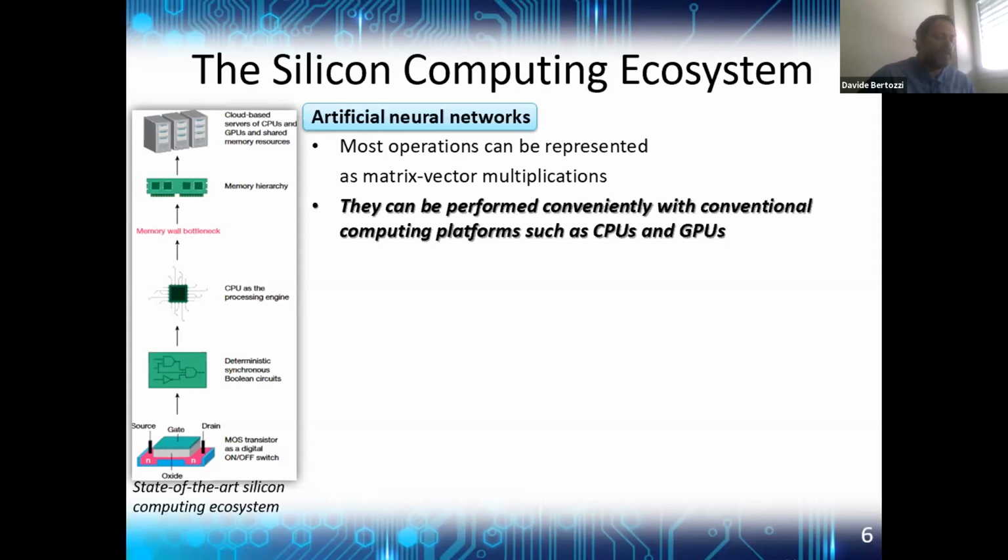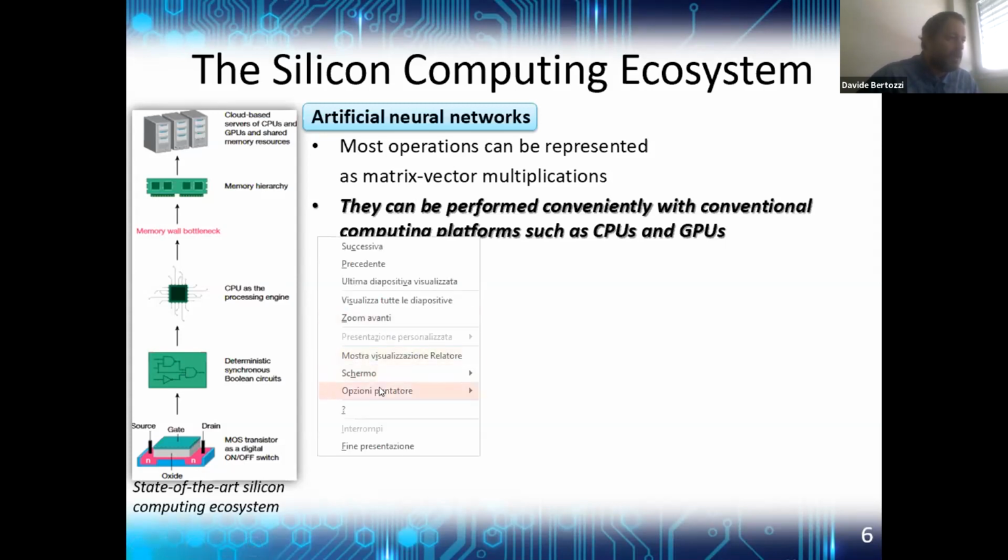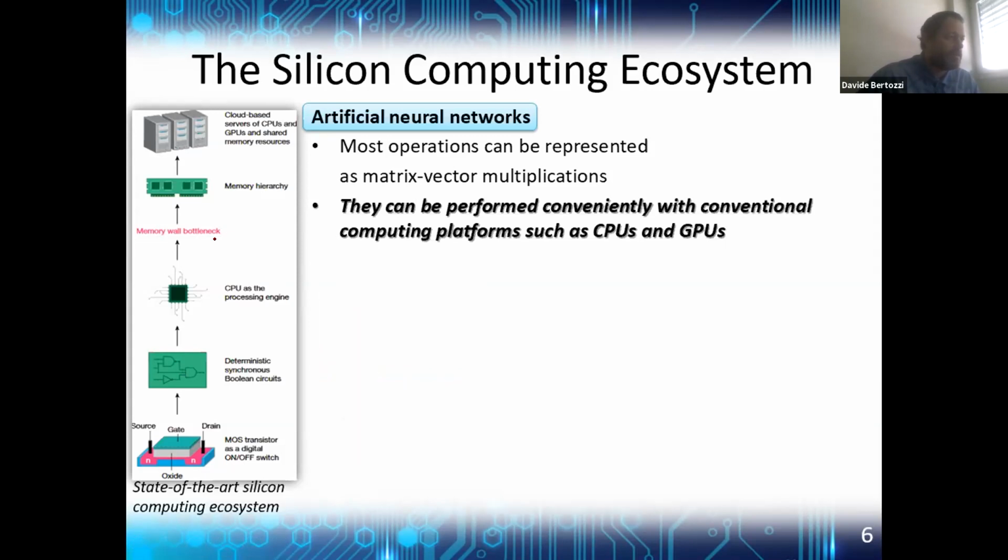Broadly, the computing hierarchy is divided into processing units and memory storage. The physical separation of the processing unit and the memory hierarchy results in the well-known memory wall bottleneck, as it is represented here.